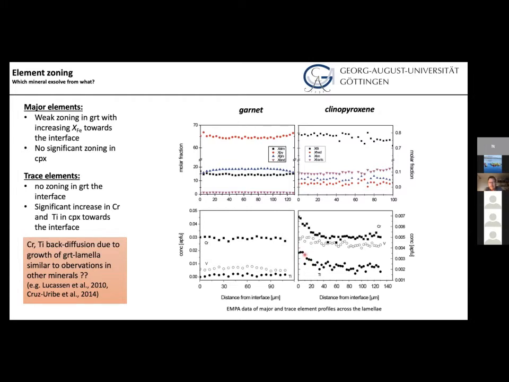in the clinopyroxene. So we use this as an interpretation to conclude that most likely the garnet has been exsolved out of the clinopyroxene and not vice versa, as the chromium and the titanium are piling up in the clinopyroxene, which is in front of the growing lamellae, which would be back diffusion, as has been observed in other minerals by CC Cruz-Uribe back in 2014.